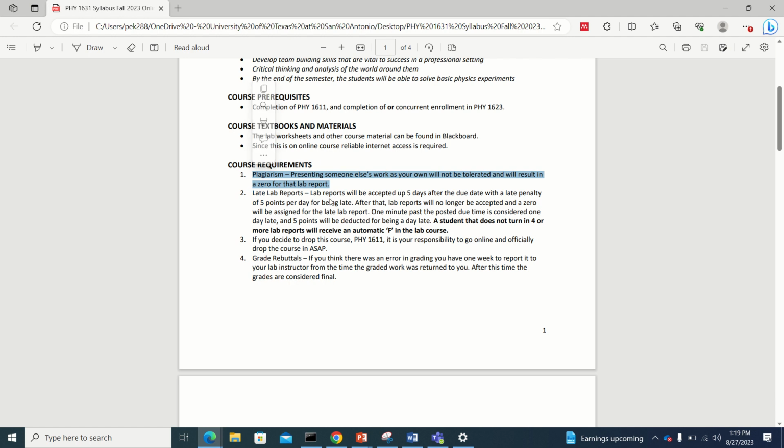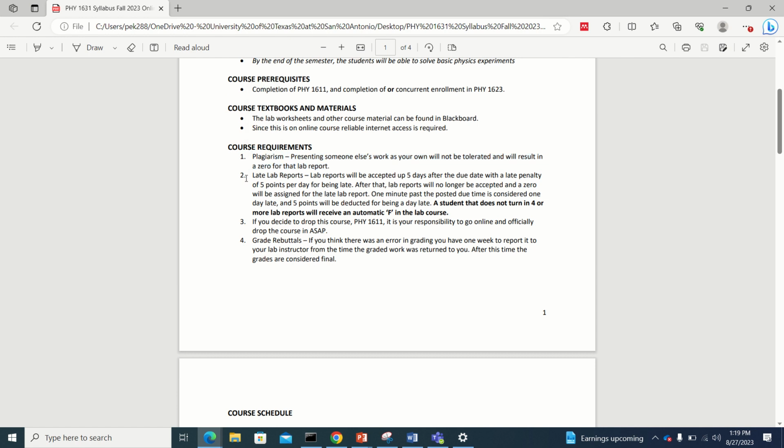So please don't plagiarize. Canvas does have detection for plagiarism, but again, if you're working with your group members, you won't be penalized for having the same answers as your group members, because I'm encouraging you all to work together in your groups. So that's not considered plagiarism for our course.